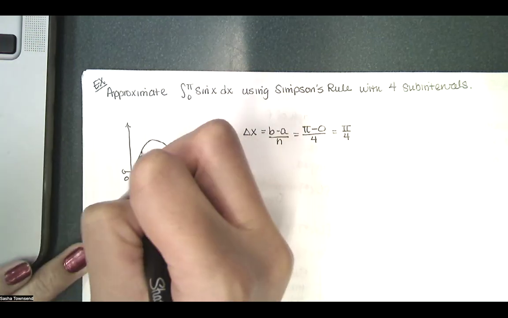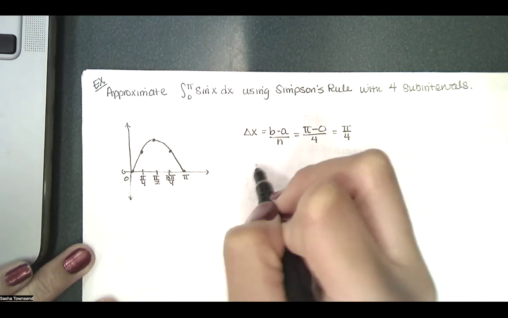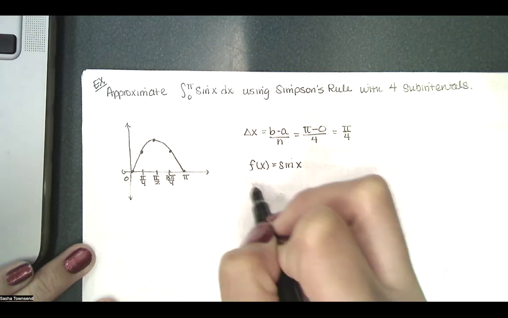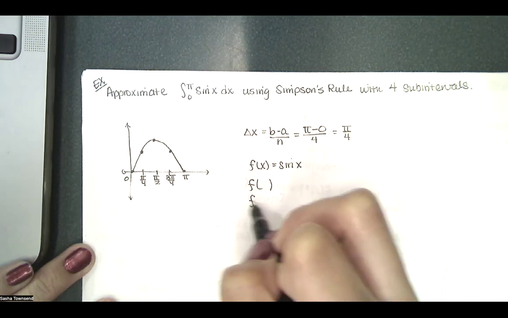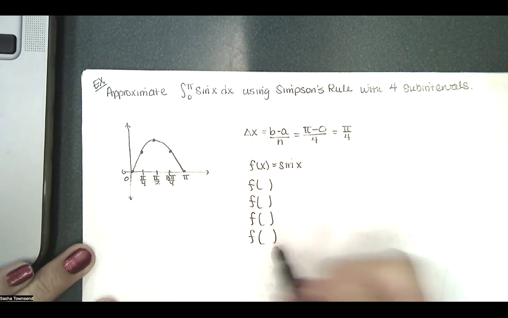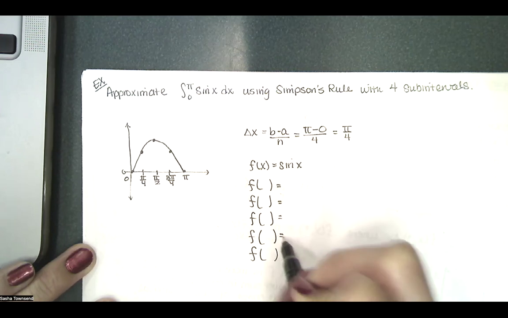And the function values that we're interested in are these. We've got f of x equals sine of x. So we'll evaluate sine at 0, at pi over 4, at pi over 2, at 3 pi over 4, and pi. We've done all of this before.